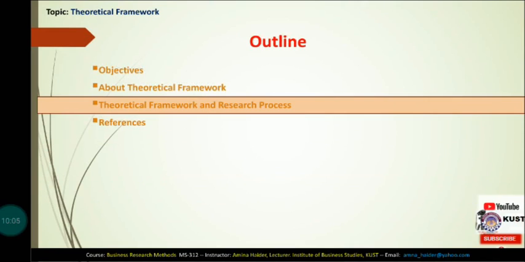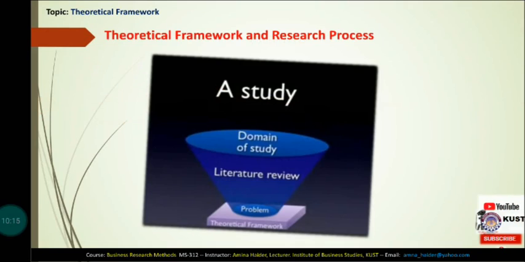So we would be moving towards the theoretical framework and the research process. Now we would be summarizing how a theoretical framework is formulated. When you are going towards a research, for example, you want to conduct a research, first you have to define the domain of your study.